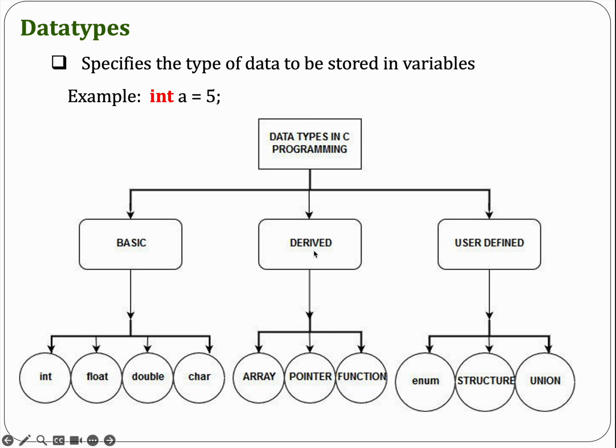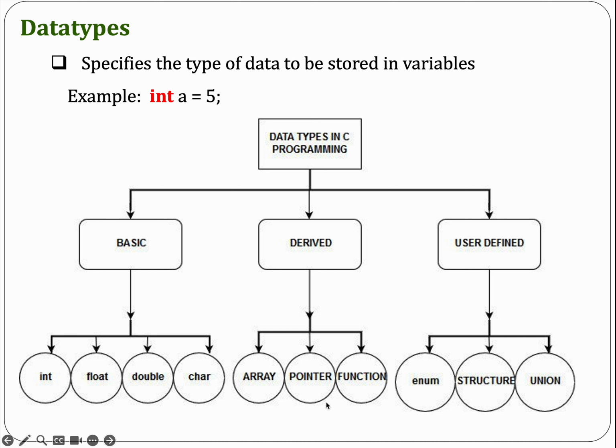And followed by derived data type, which is derived from the basic. Integer, float, double and character are primitive, which are basic data types. The array is derived from the basic data type, so that is a derived data type. There are three things I have discussed: array, pointer and function.